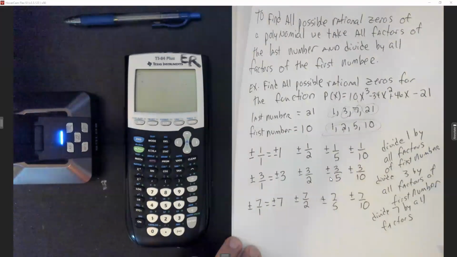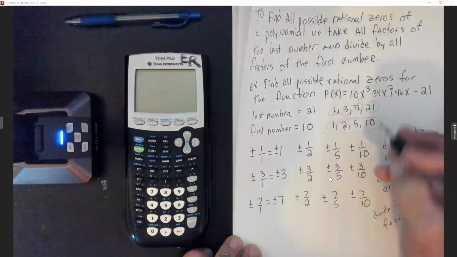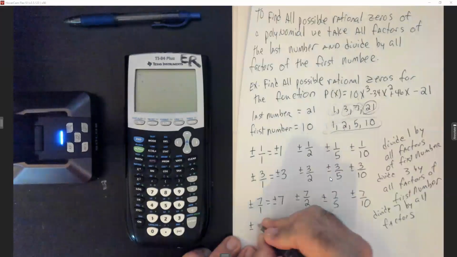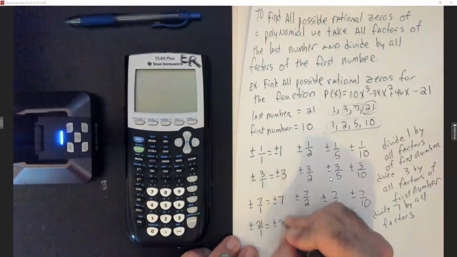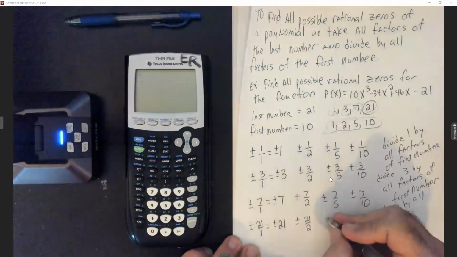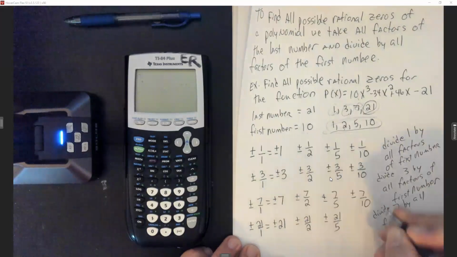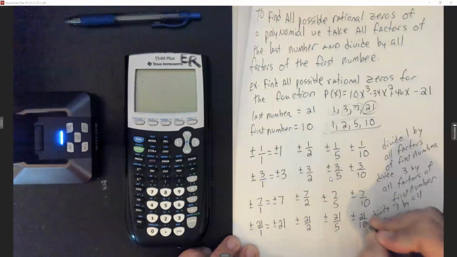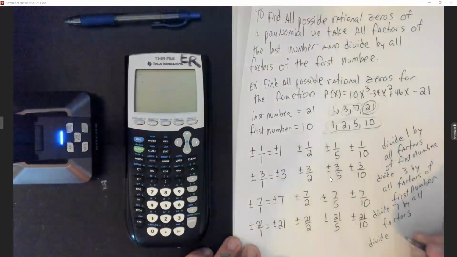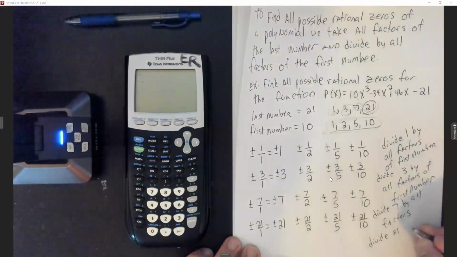And then finally, I got to take the 21 and divide by all the factors. So plus or minus 21 over 1 is just a 21. Plus or minus 21 over 2. Plus or minus 21 over 5. Plus or minus 21 over 10. So divide 21 by all factors.